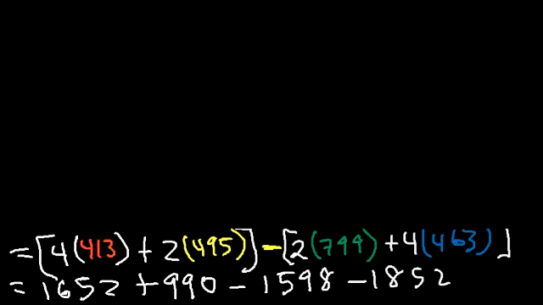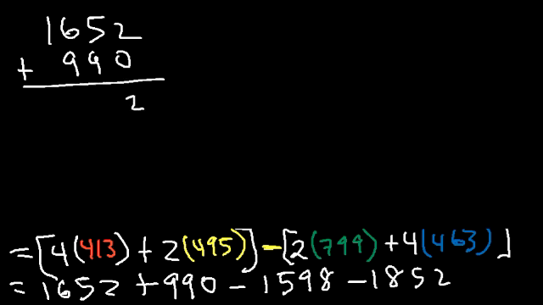So let's add 1652 plus 990. 2 plus 0 is 2, 5 plus 9 is 14, carry the 1 over. 1 and 9 is 10, plus 6, that's 16. Add these two, that's 2. So we get 2642.